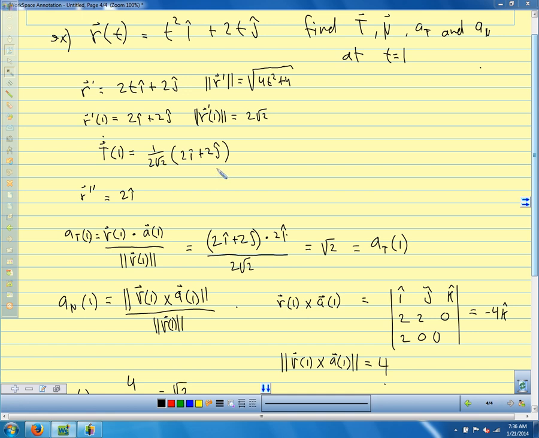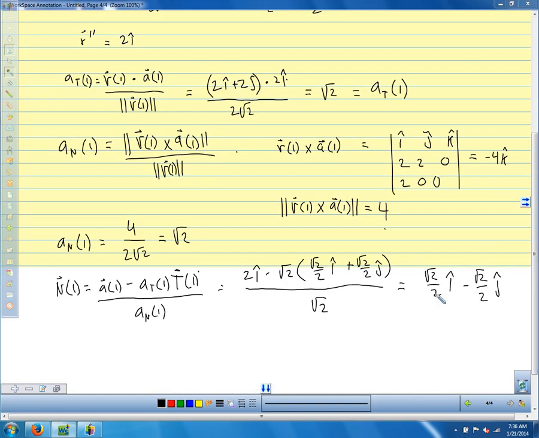Switch the x and y's, change the sign on one. So here, this is the same as square root of 2 over 2 i plus square root of 2 over 2 j. And our principal unit normal vector is square root of 2 over 2 i minus square root of 2 over 2 j. So I switched the sign on the y component.